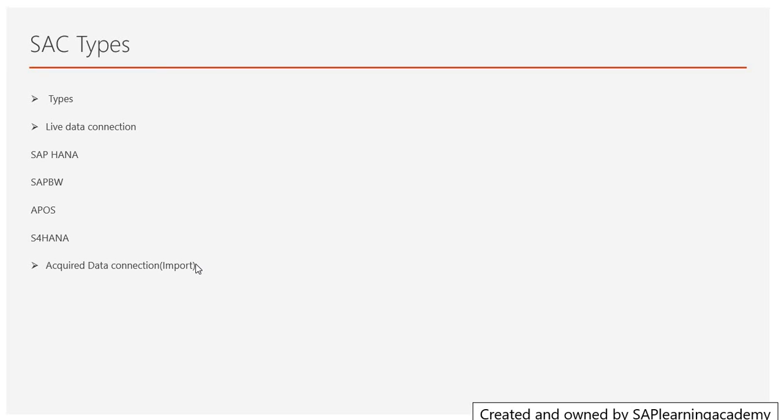Similarly, there are some examples for acquired data connection as well, like BW or HANA or S/4HANA. You can do the same thing, but you need to copy the data, but in live connection, you can directly connect.